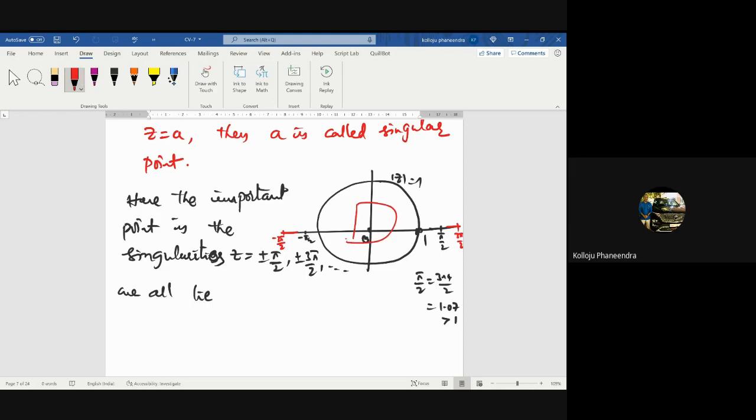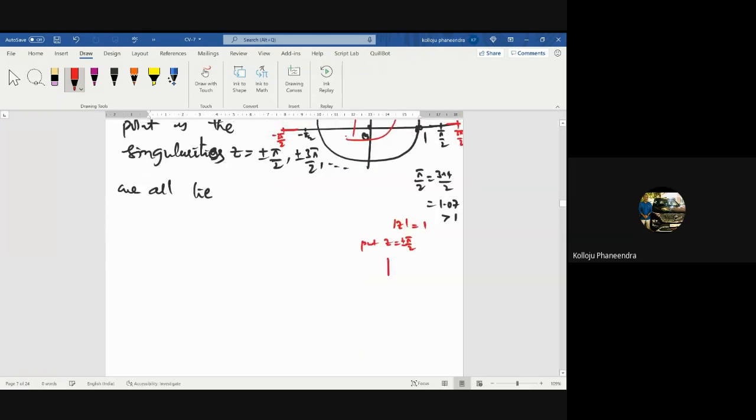And one more logic to check whether the point is inside or outside. What is mod z equal to 1? Put z equal to plus or minus pi by 2. If I take z equal to plus or minus pi by 2, then the modulus of plus or minus pi by 2 is the value. This value is greater than 1. Therefore, z equal to plus or minus pi by 2 lies outside mod z equal to 1.